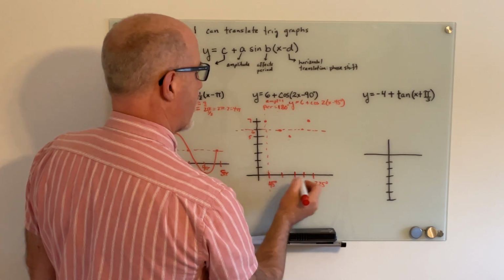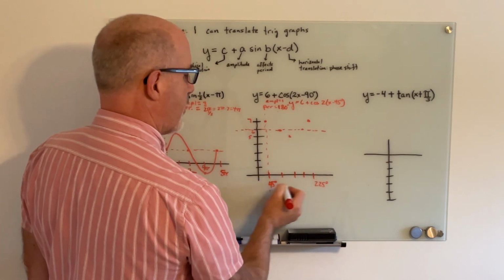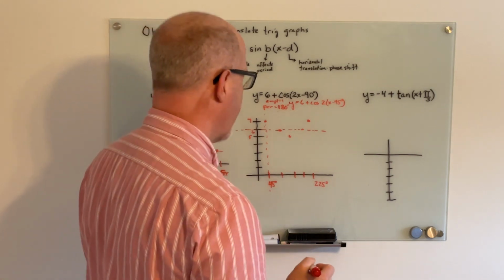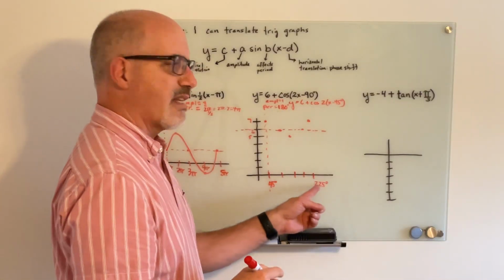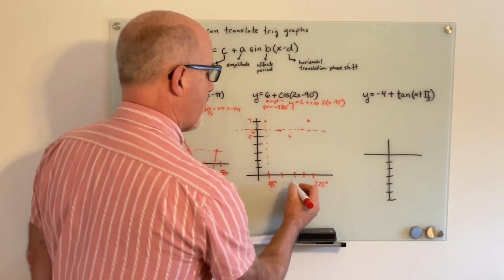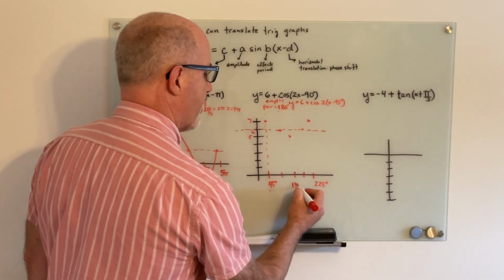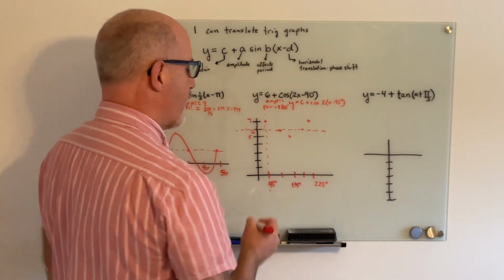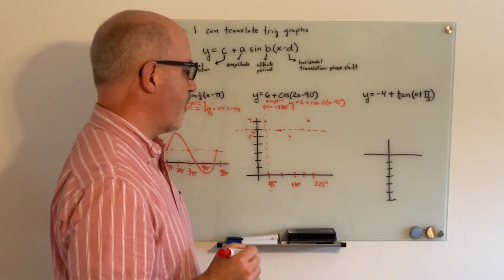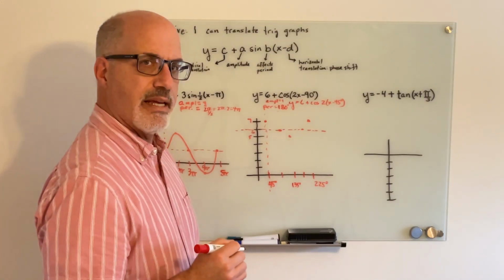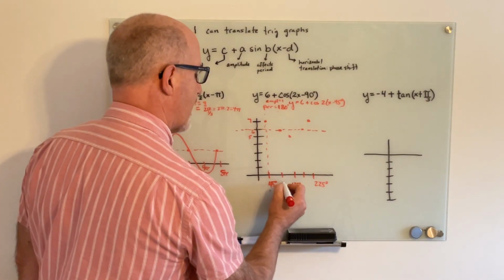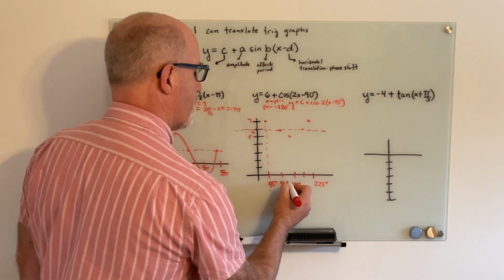And so halfway between 225 and 45, if we add these two together, we're going to get 270. Halfway between that is 135. Add 45 to 135, and I'm going to get, let's see, that'll be 180. And so halfway between those is 90 degrees.